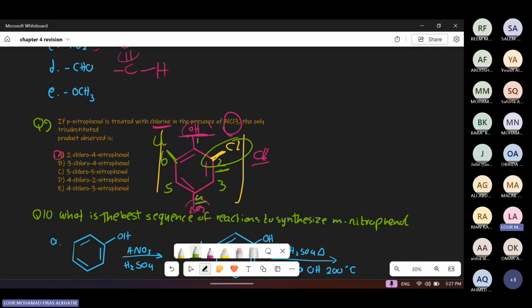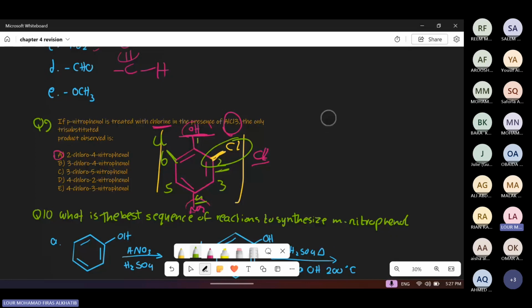Then it will have to do with which is the stronger group, the one with the greater effect. But good for you, alhamdulillah, they will not get a question like that at all. They will not confuse us because they didn't explain it. But I was scared too. I went and asked the doctor, I think Najad, and he told me no, they won't give such questions. Okay, thank you.